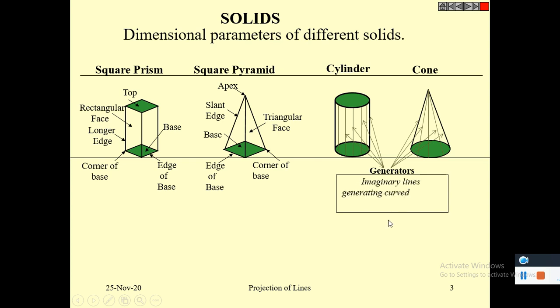These are called generators, imaginary lines which are generating the curved surface of the cylinder and cone. The base, apex of the cone, and base of cone.